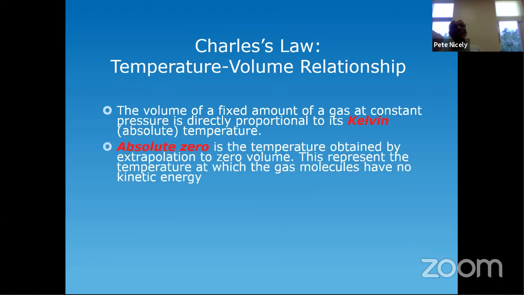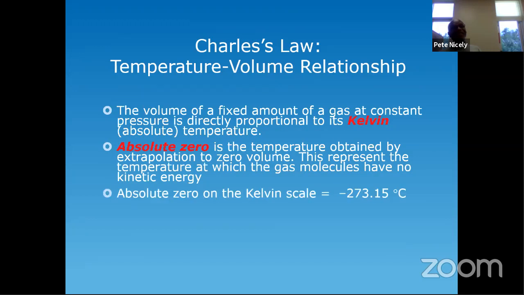So this brings about the concept of absolute zero, which is a temperature that is obtained when you extrapolate the graph. If you plot volume versus temperature and you extrapolate the graph, you'll see that the line cuts the x-axis at a particular temperature value, which is known as absolute zero. And this represents a temperature at which the gas molecules have no kinetic energy.